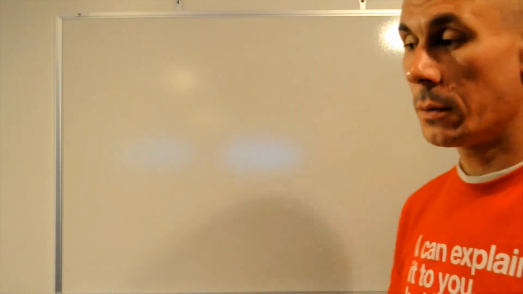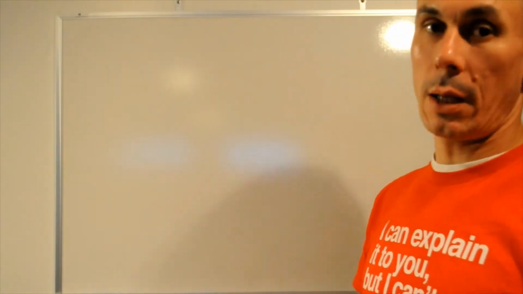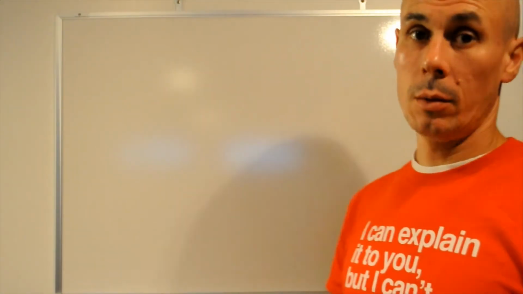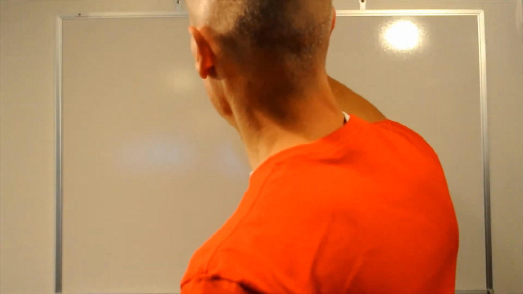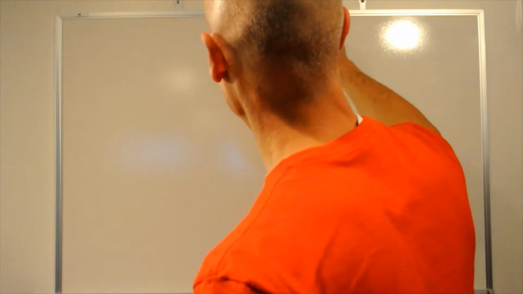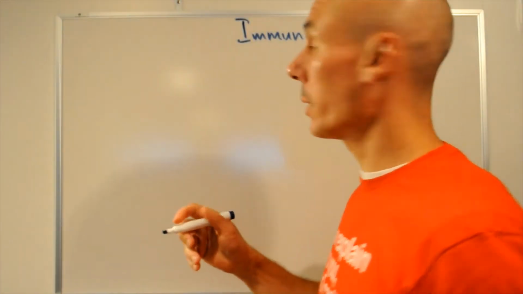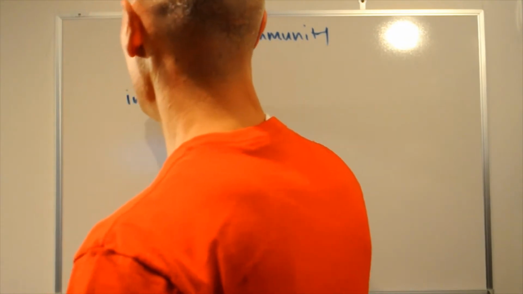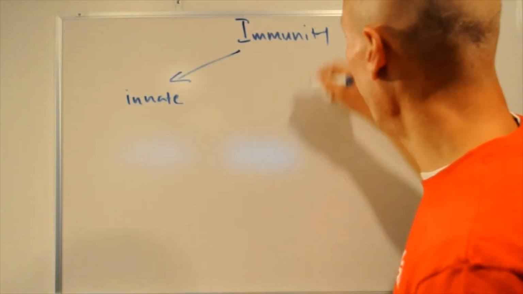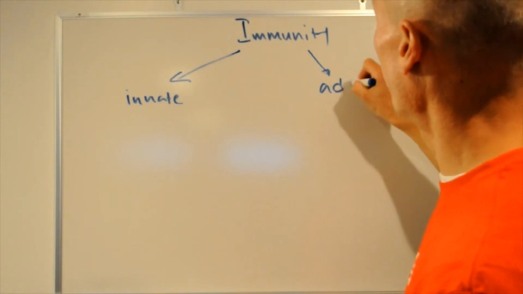With this, we're going to start talking about adaptive immunity. And I want to compare adaptive and innate immunity first. So the immune responses, as you remember, can be separated into innate, the ones that we discussed in a separate video, and adaptive.